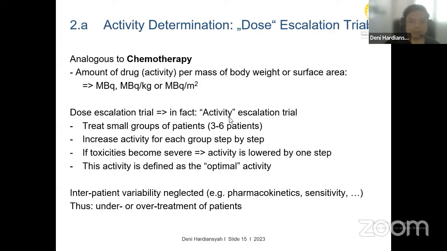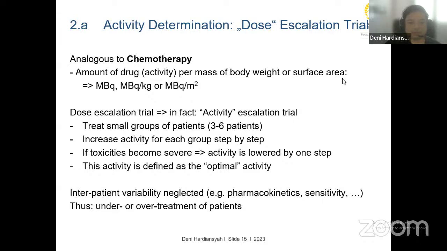The first one is what we call the dose escalation trials. This activity determination is basically analogous to chemotherapy. We calculate the amount of drug, or in this case, the activity per mass of body weight or surface area.